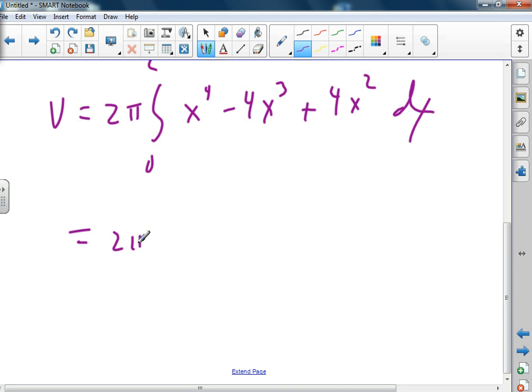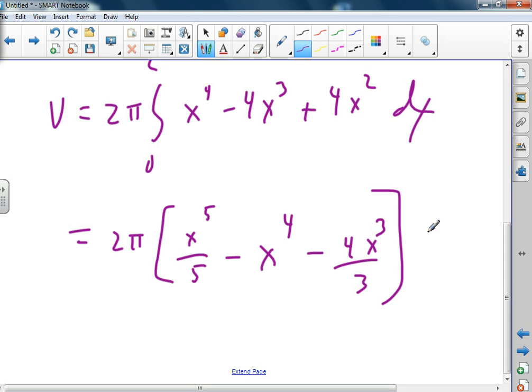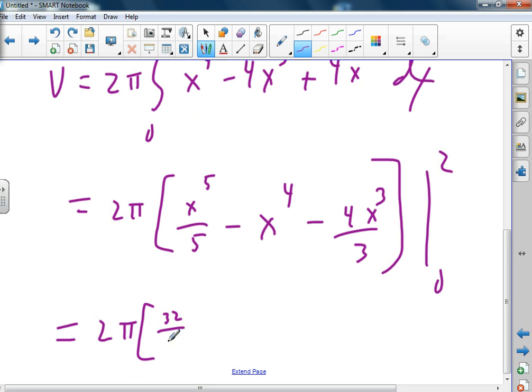Okay, so I got 2 pi times x to the 5th over 5 minus 4x to the 4th over 4, that's x to the 4th, plus 4x cubed over 3, evaluated at 0 and 2. 2 pi, 32 over 5 minus 16 plus, that's good that that's plus. 2 cubed, that's 8 times 4, 32. 32 over 3.